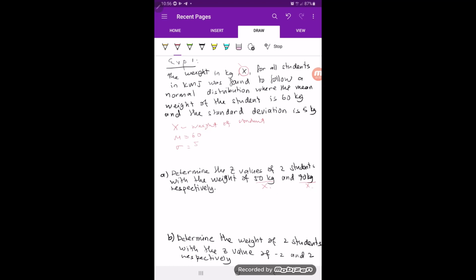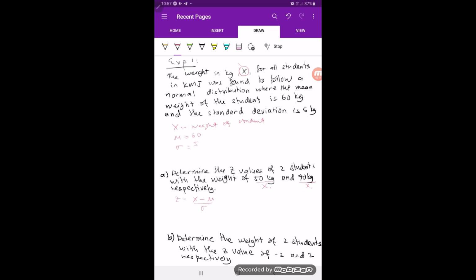Okay, but you want to change from x to z. How to change from x to z? We can use the formula z is equal to x minus nu over sigma.